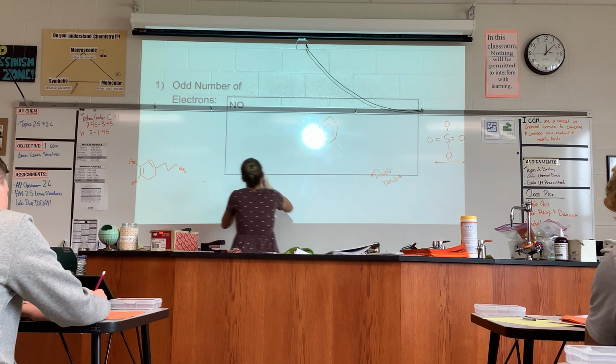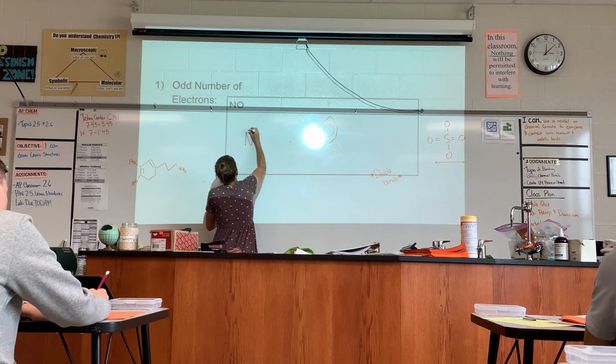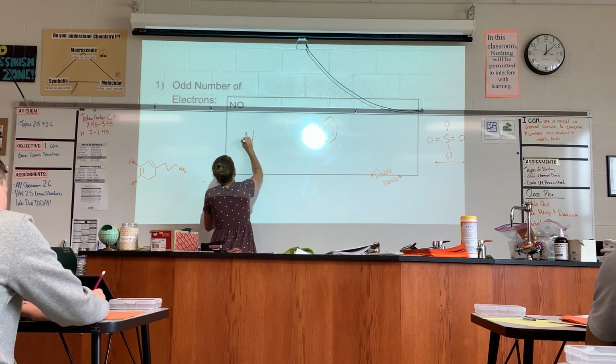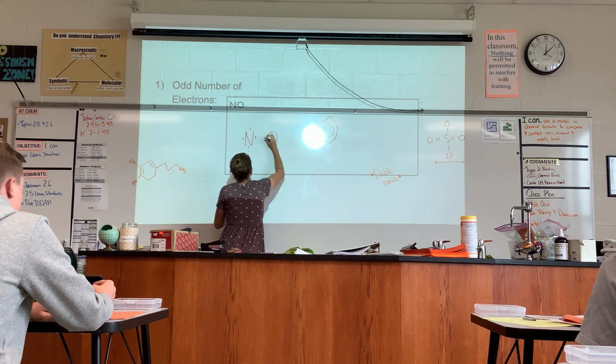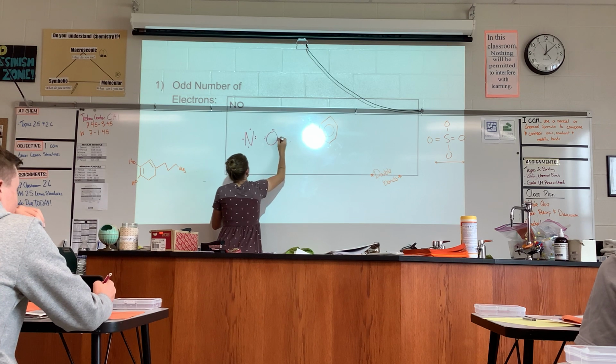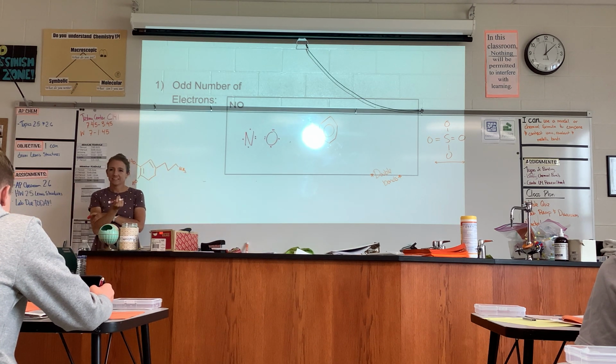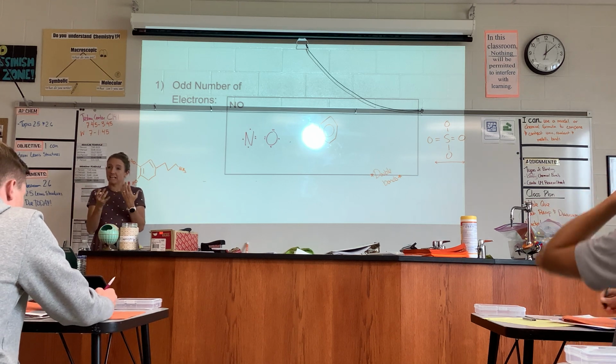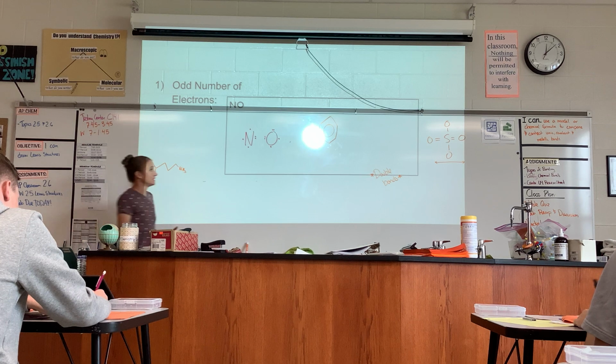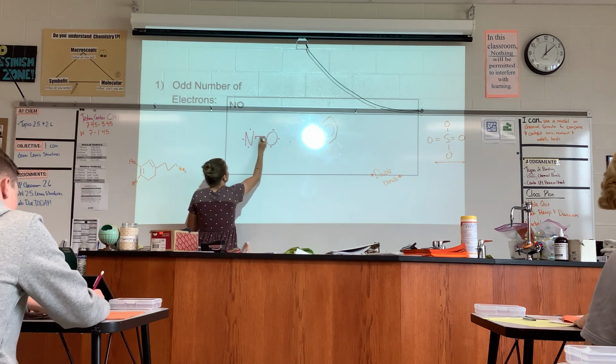Right, so nitrogen comes with 5. 1, 2, 3, 4, 5. Oxygen comes with 6. So, bond to try to get them full. Oxygen needs how many more electrons? 2. So I can bond twice.